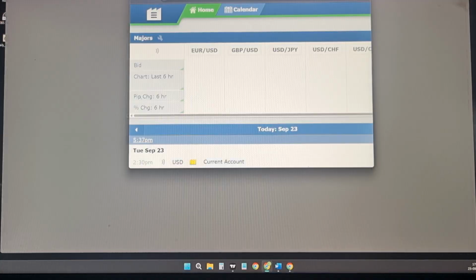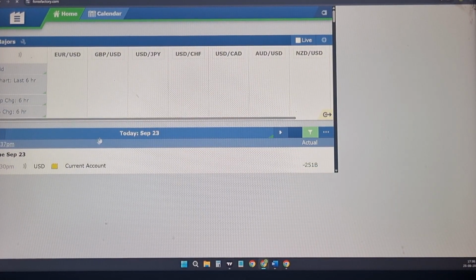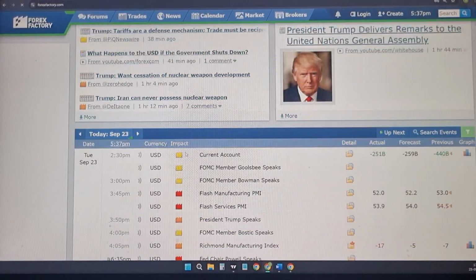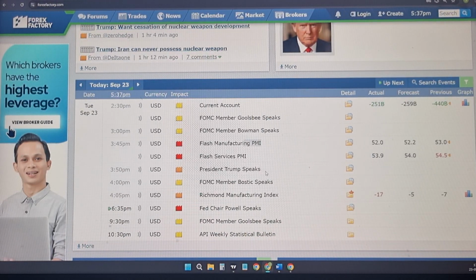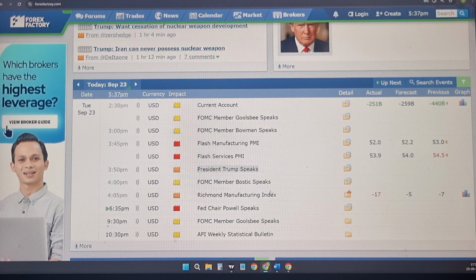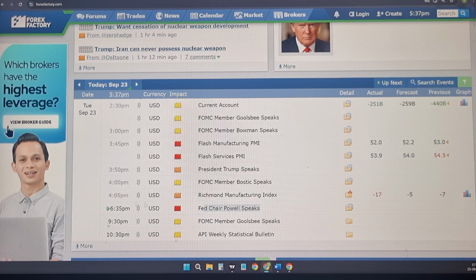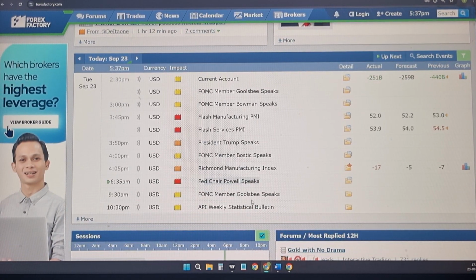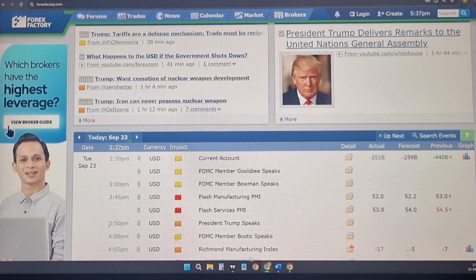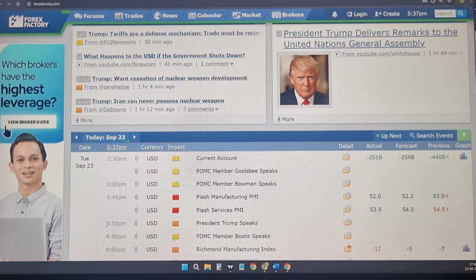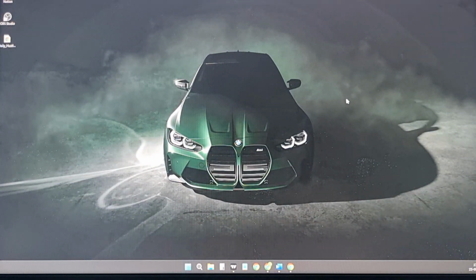Let me check something. Today we had PMI, Trump was speaking at 3:50, and Powell is still speaking at 6:30. So no day for me to be trading. So no trades for me.